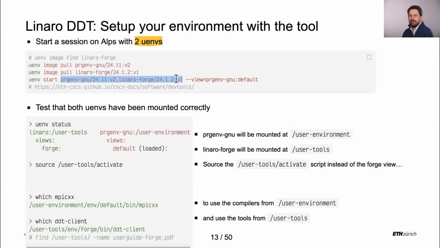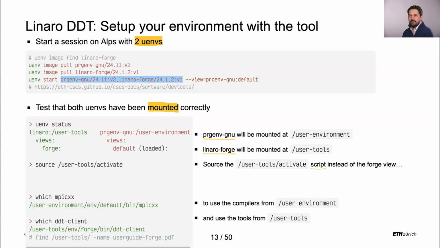So basically, you just pull the compilers, you pull the tool, and then you mount them, on the /user-environment and the /user-tools directory.